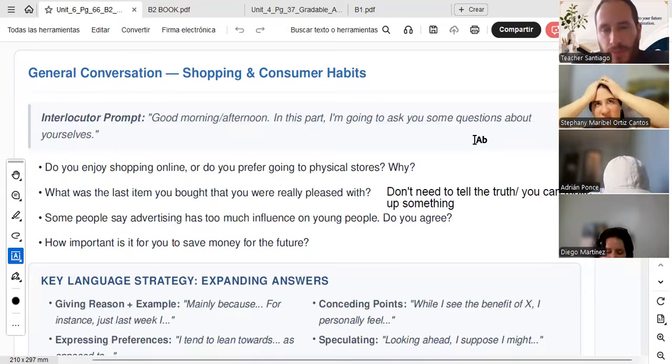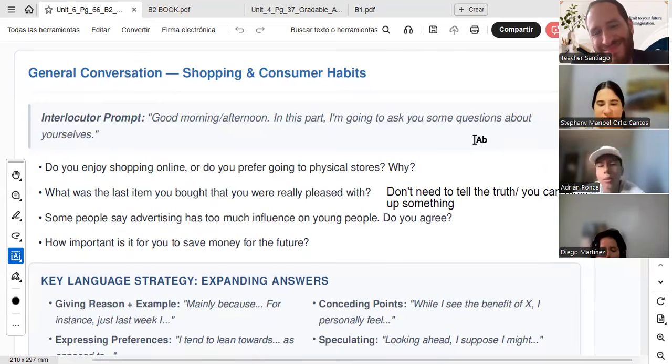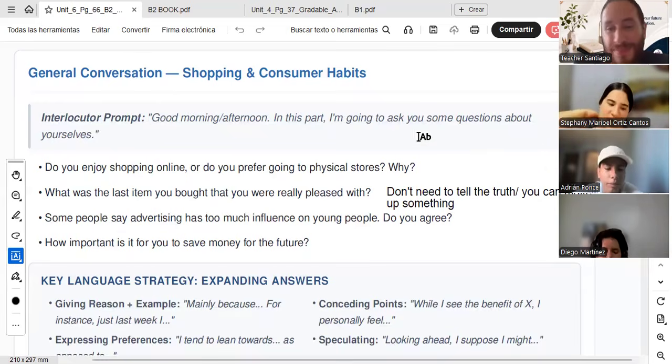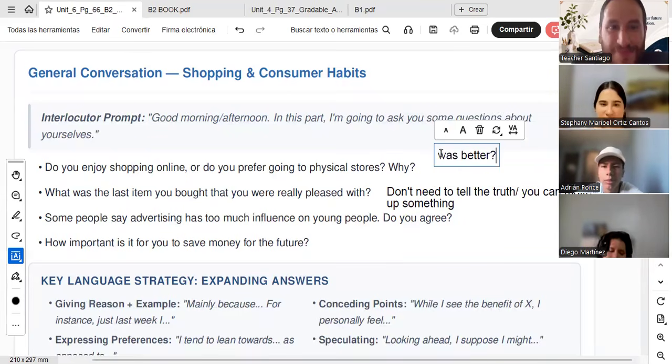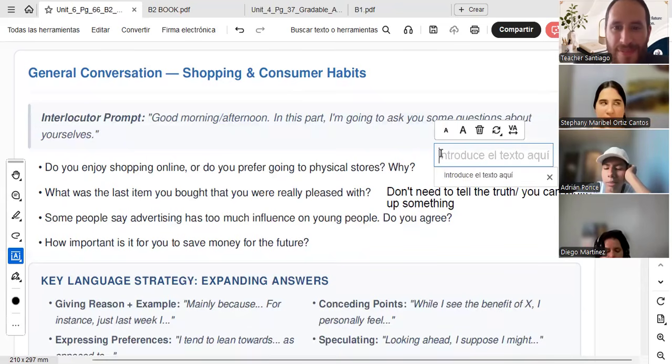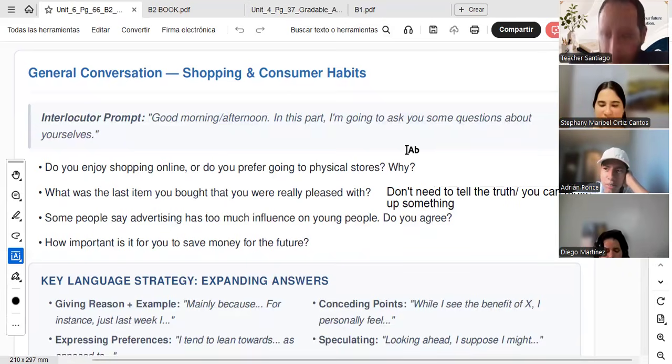It was better than my old one. Since I got it, it made everything so much easier.